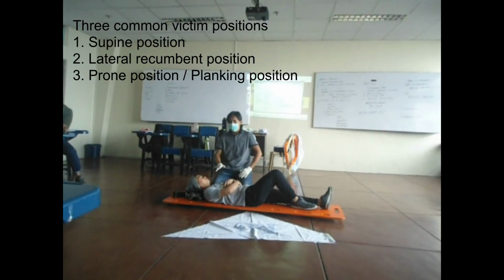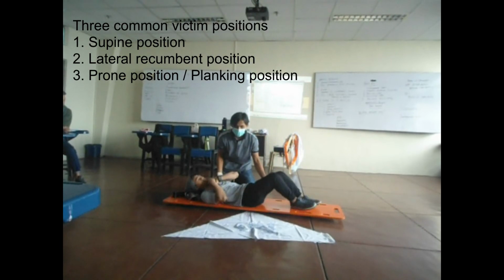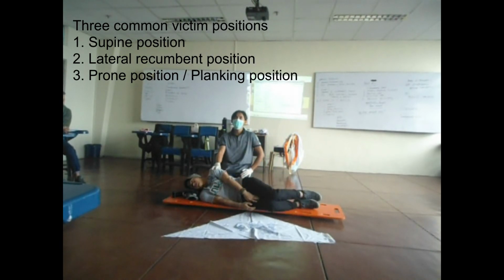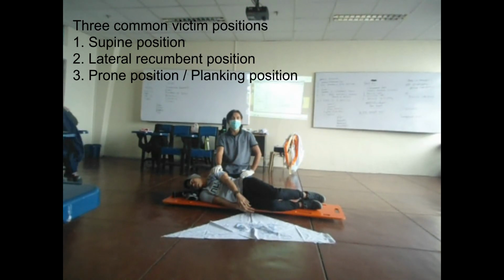If the victim is in a supine position, this is what we call a supine position. We have 3 different positions. We have the supine, we have the lateral recumbent position, or side-lying position.